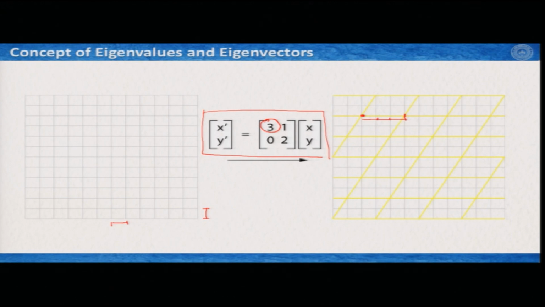For the y, this point has moved to here, and this is applicable anywhere. For the y direction it has moved along the x direction 1 unit and along the y direction 2 units. So these 2 units are coming here. You can take any point of this square grid and you would see this feature.